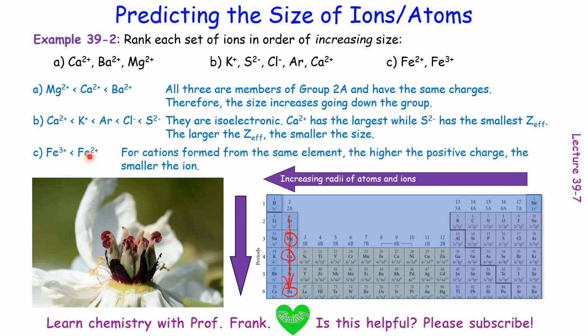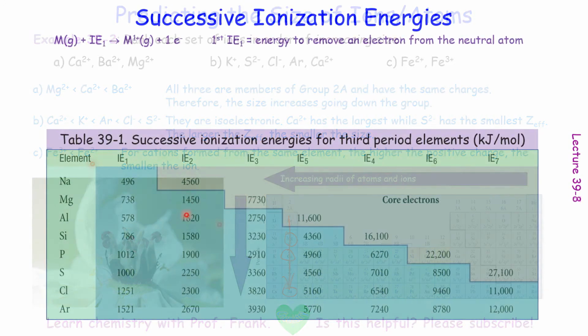Now, iron 2+ and iron 3+. For cations formed from the same element, you see both are formed from iron. The higher the positive charge, the smaller the ion. That's why iron 3+ is smaller than iron 2+.